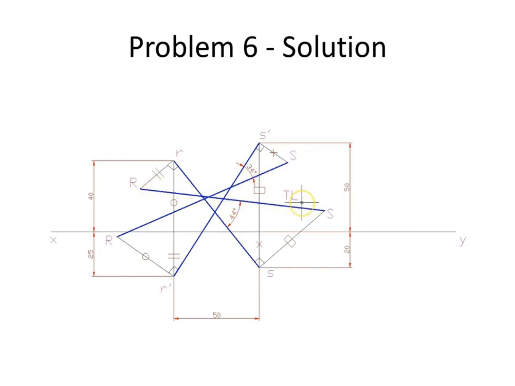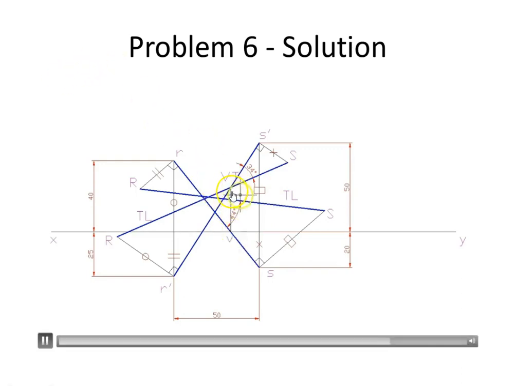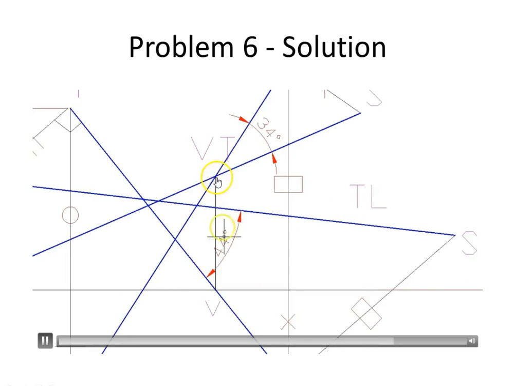Now to find the traces, here we need not extend anything because already they are crossing each other. So you can very easily mark VT and HT here. This is also another thing which you will have to keep in mind.